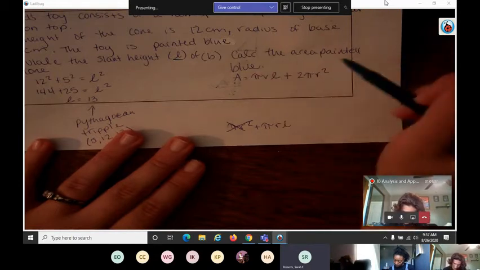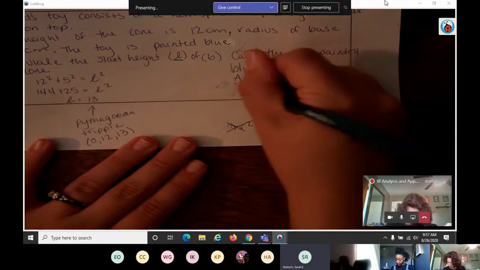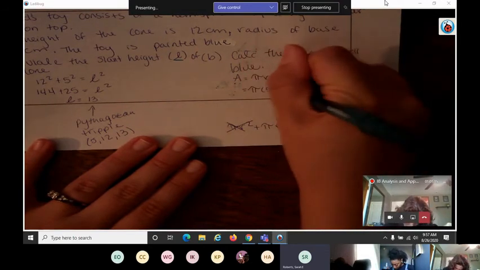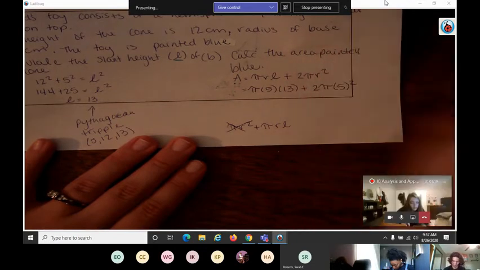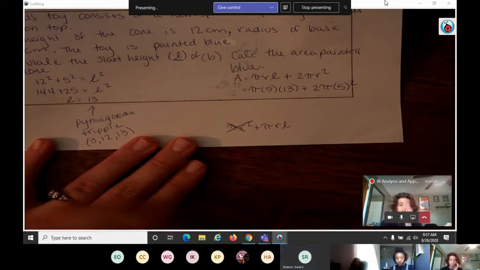And all we need to do is fill in the information we know. We know that our radius is 5. And we found our slant height to be 13. Okay. 5 times 13 is 65, right?